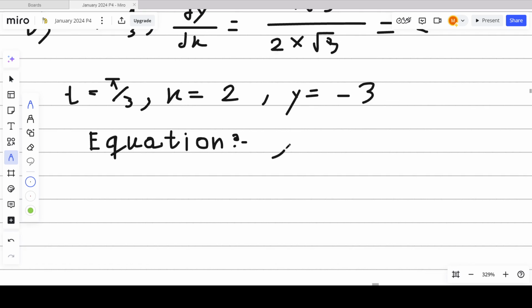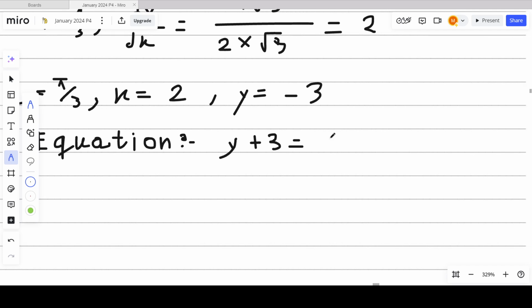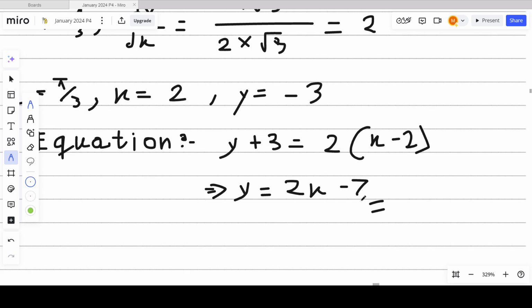Y minus y1, so y plus 3 equals m, the gradient is what? 2, times x minus x1. They wanted it in the form of y equals mx plus c, straight line equation. So y equals twice of x minus 4 minus 3, that is minus 7. And that's the equation of the tangent.